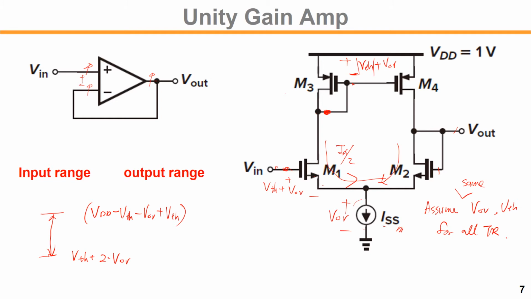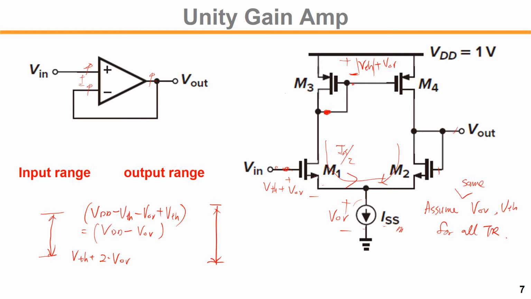The other case would be what? VDD minus overdrive, right? You can look at the input side, the maximum. Well, that would be the maximum. So what about the output side, the min and max?